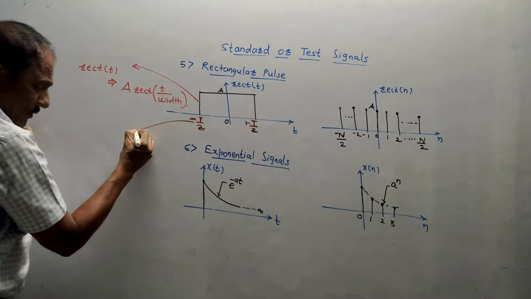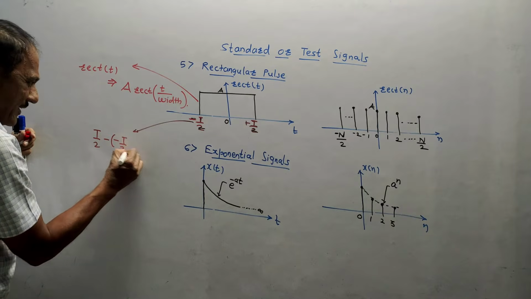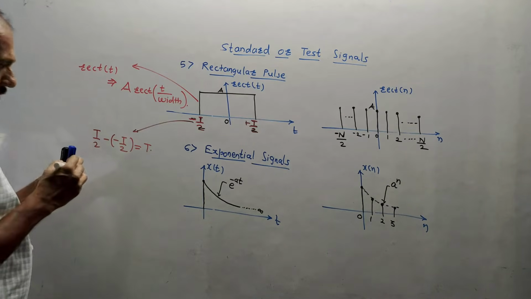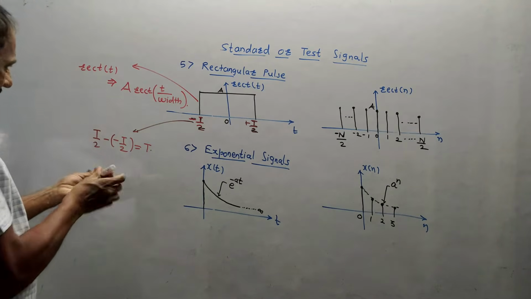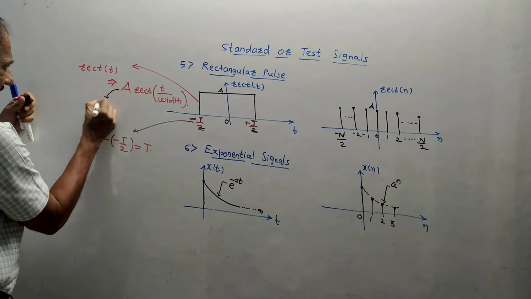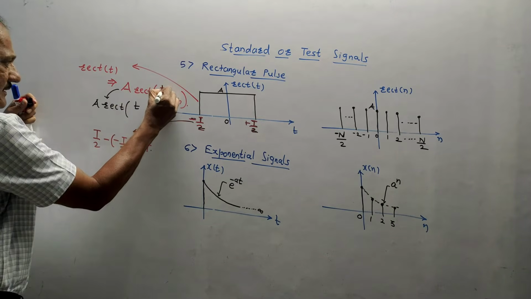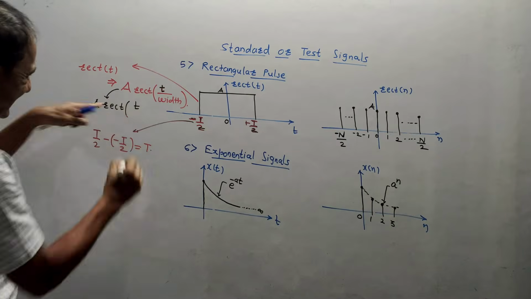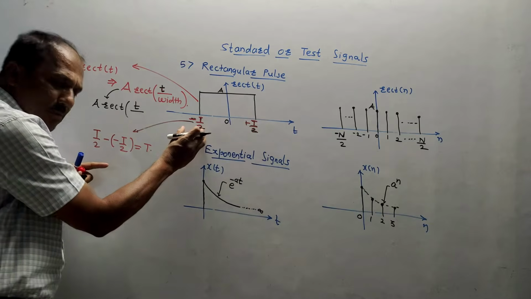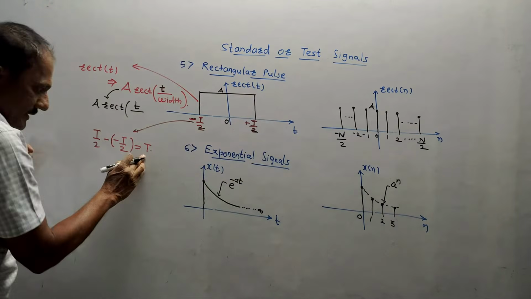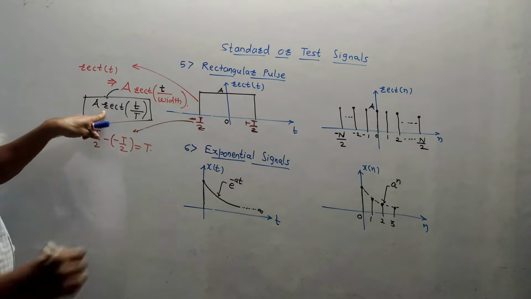The total width, if I calculate, is T by 2 minus of minus T by 2, so the total width will be T. So the mathematical equation for this rectangular signal can be written as: its amplitude is A, notation is RECT, in the bracket t, which represents time, so it remains as it is, divided by the width of the signal, which is capital T. So this is the mathematical expression for the rectangular signal.